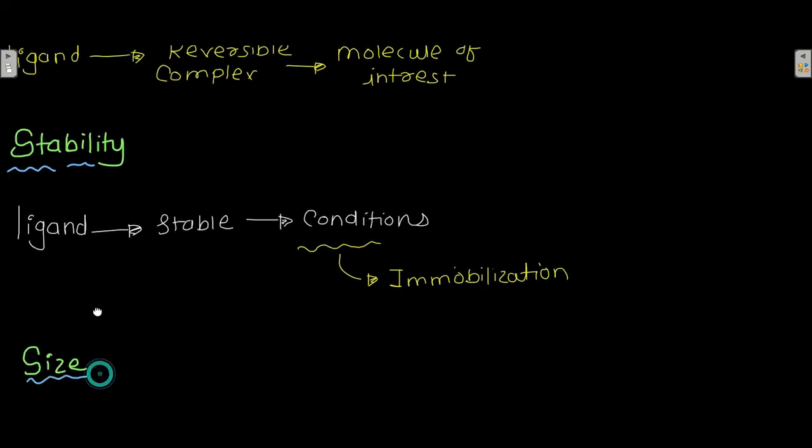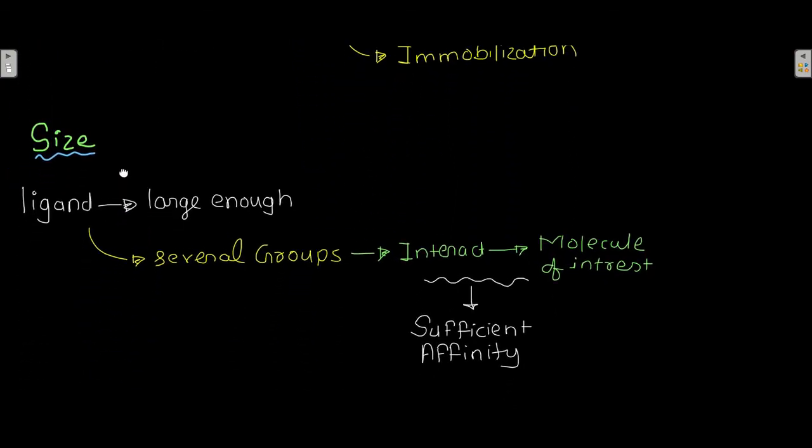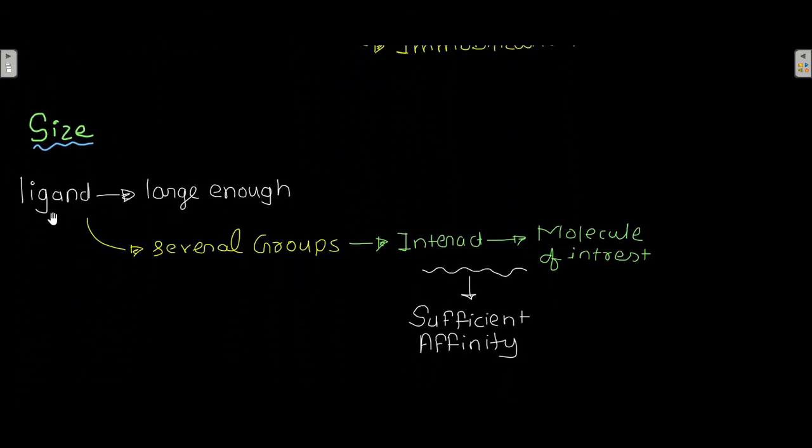Now after that, there is the size factor. The ligand should be large enough such that it can contain several groups that are able to interact with the molecule of interest, and when these several groups of the ligand interact with the molecule of interest, that results in sufficient affinity.